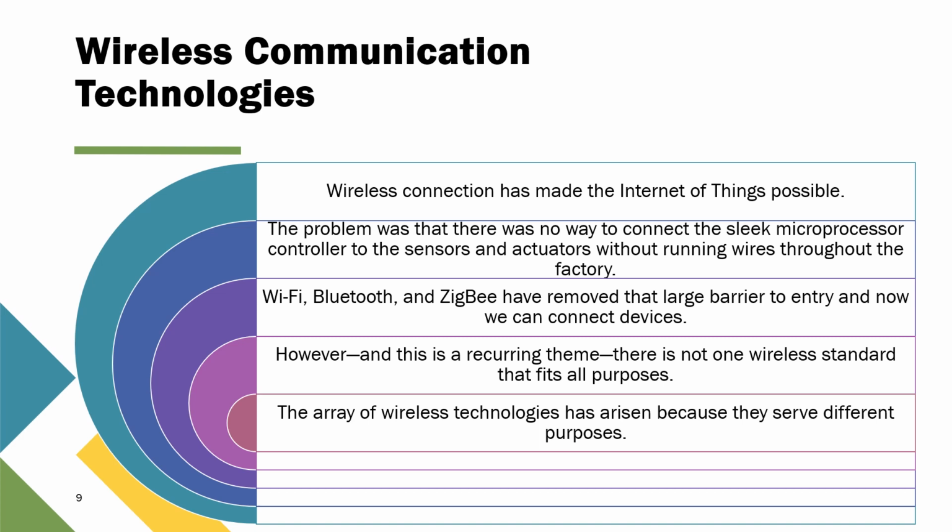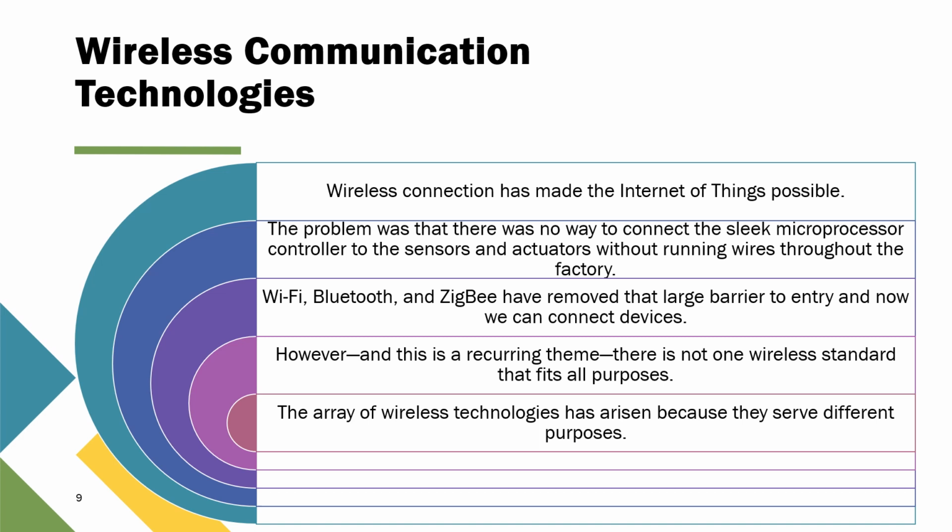Previously, the problem with factories was that there was no way to connect the sleek microprocessors and controllers to the sensors and actuators without running wires throughout the factory.